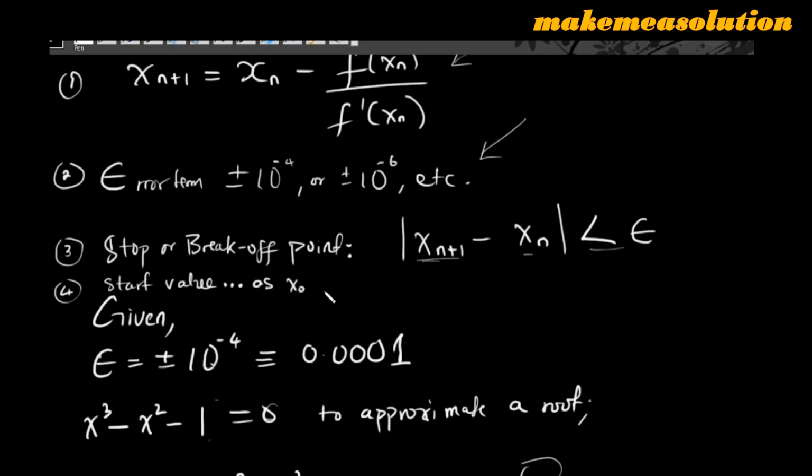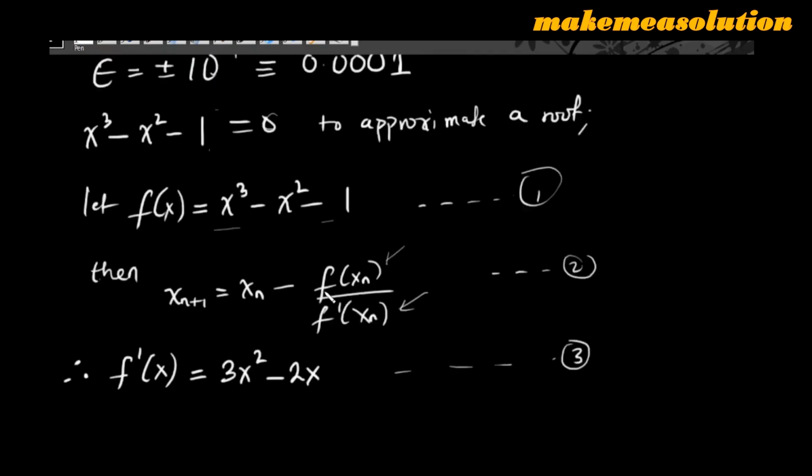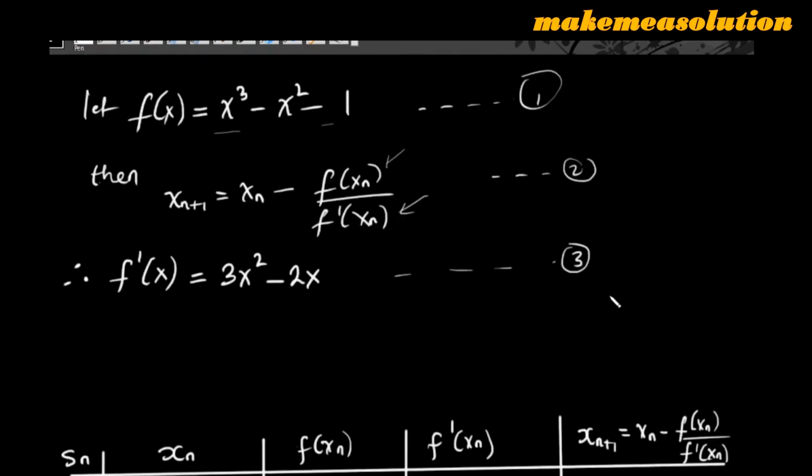They might give you in a problem where you should start your iteration from, but sometimes they're not going to give you your x naught. So what do you do in those scenarios? If you want to find a start value, I can use the principle that for an interval a comma b, if f of a is negative and f of b is positive, then there exists a root between a and b.